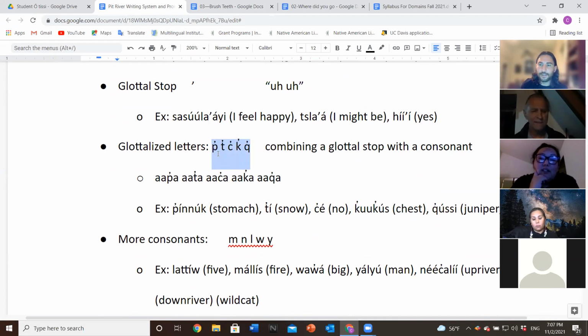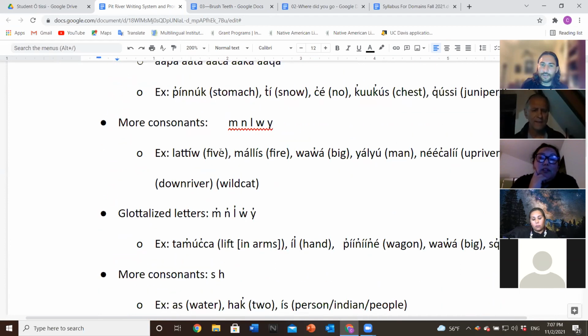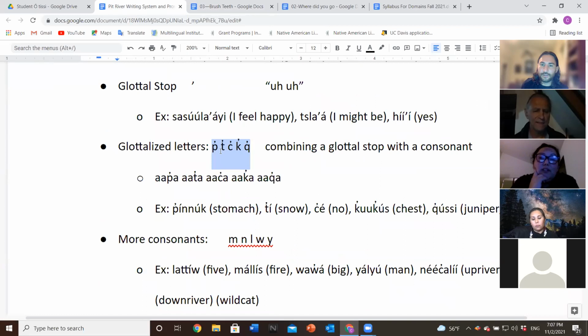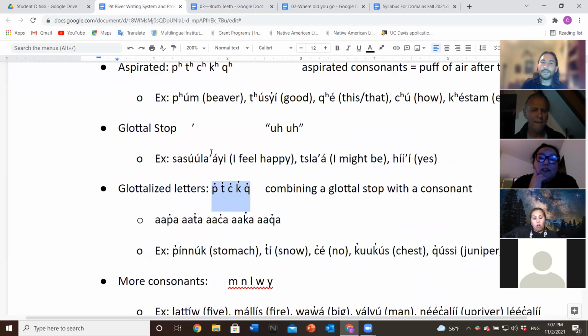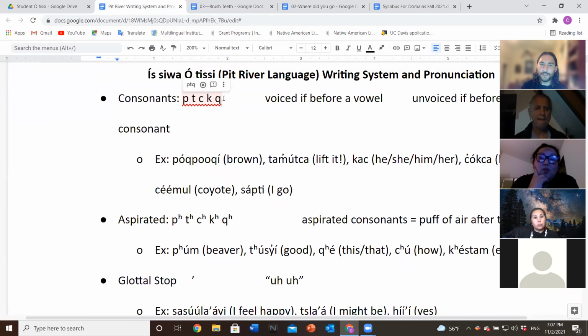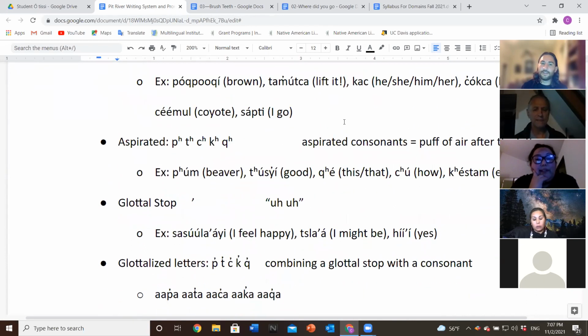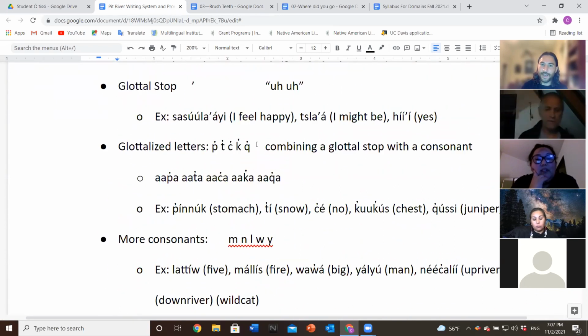Actually, I think that's the one I missed. But anyway, I can see that. So these ones always have the same sound. It's just these plain ones here that depend on whether it's before a vowel or a consonant. Okay, so it's glottalized, so if it has the little mark above it, then it always keeps that same sound. Okay, I got it. Yeah.